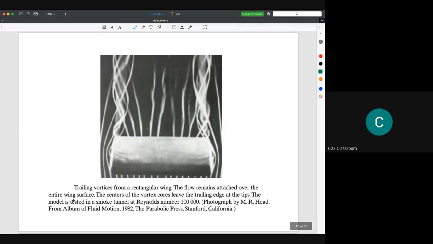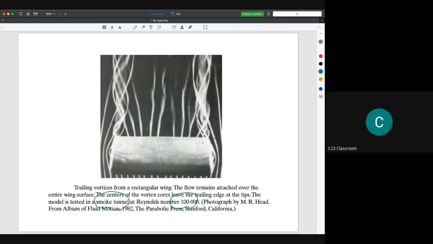So this is the experimental image to show us the vortices. Maybe this is using the smoke generator, tested in a smoke tunnel at a certain value of Reynolds number here.